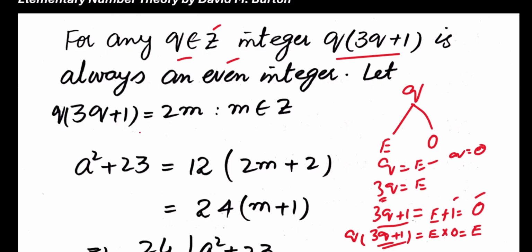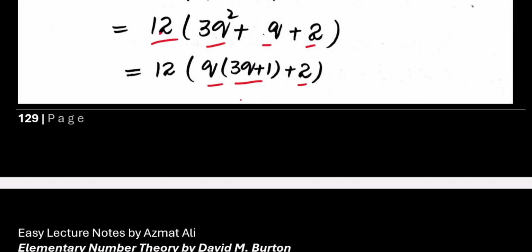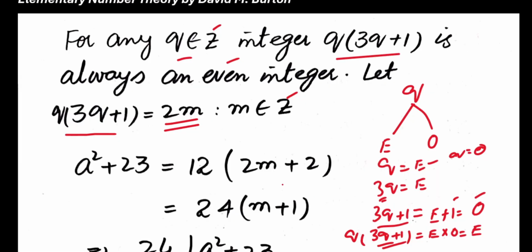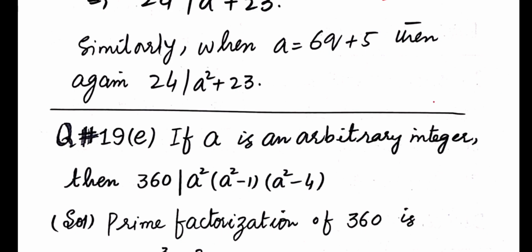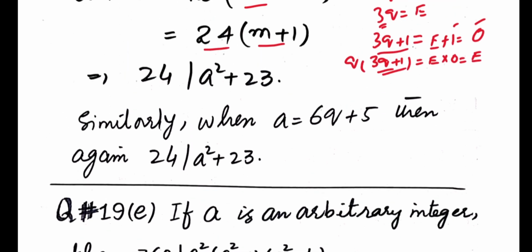So in both cases, this number is always an even integer. So I can write this number equal to 2m, where m is some integer. So replace this complete number with 2m. So this becomes 2m plus 2. Taking 2 common, this becomes 2 into m plus 1, times 12, that is 24 into m plus 1. And finally, you can say that this number is divisible by 24.